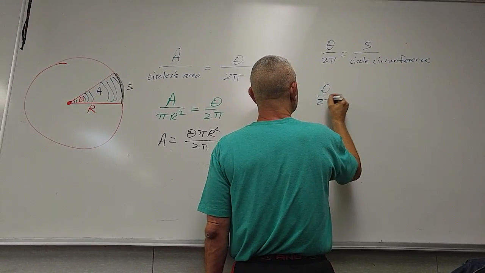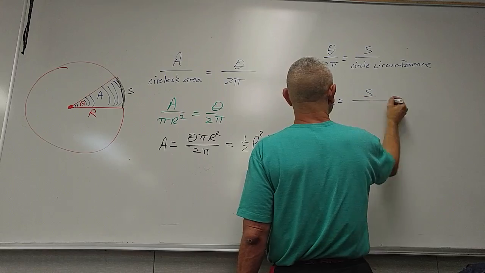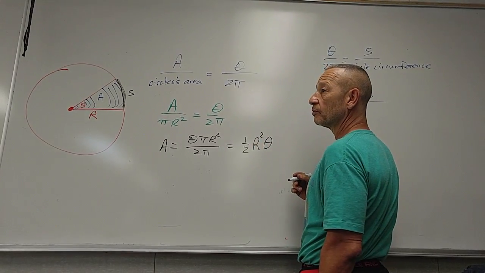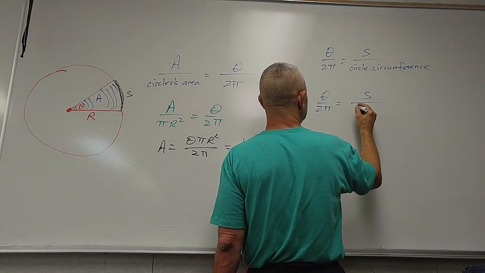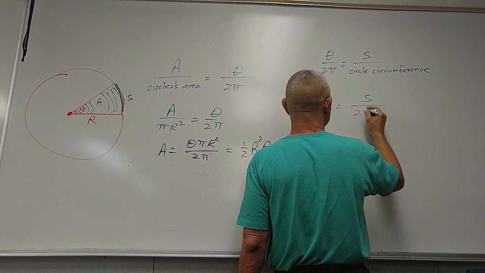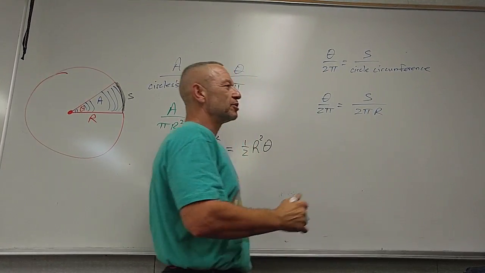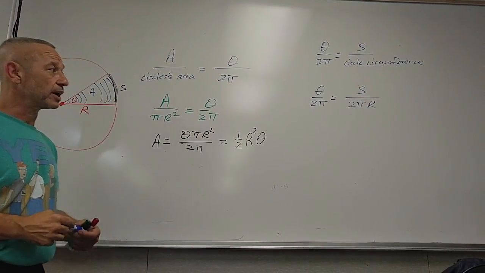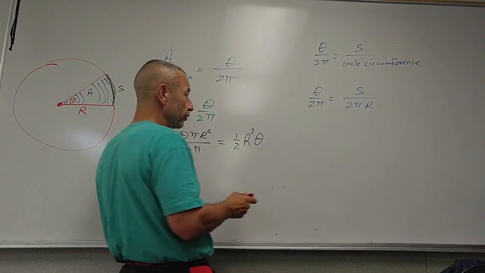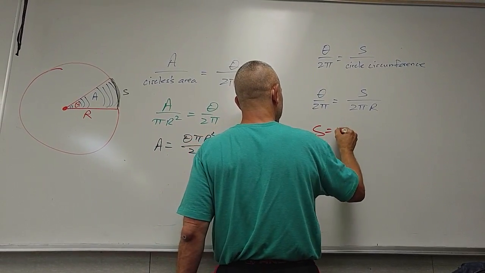So theta over 2 pi is equal to S over, and what is the circle's circumference? Usually they use radius, so we'll say 2 pi r. 2r is the diameter, but what you said is correct, of course. So S is r theta.